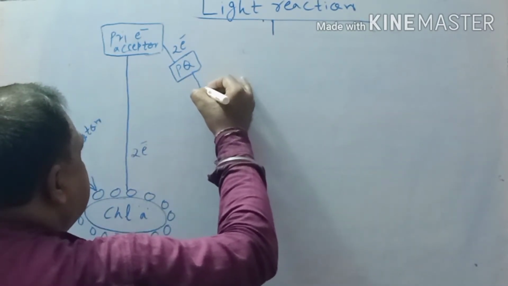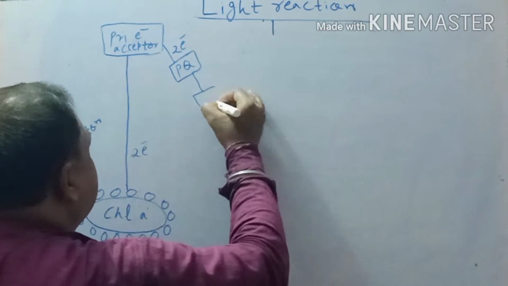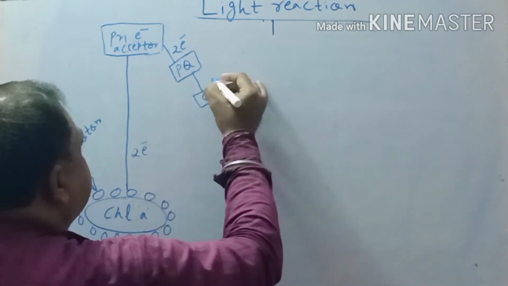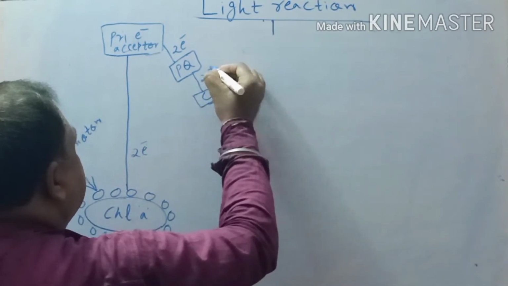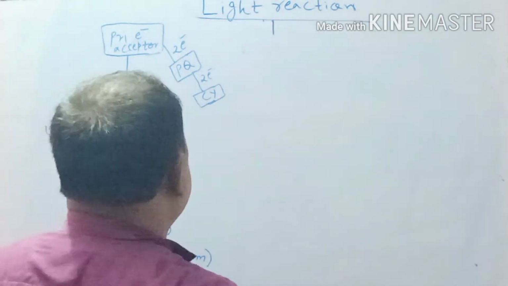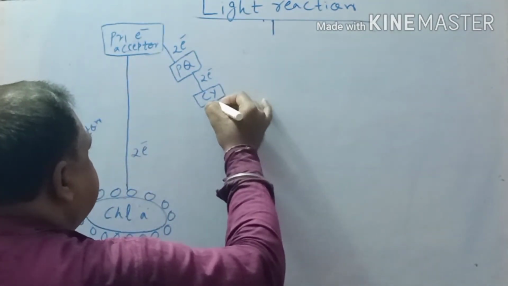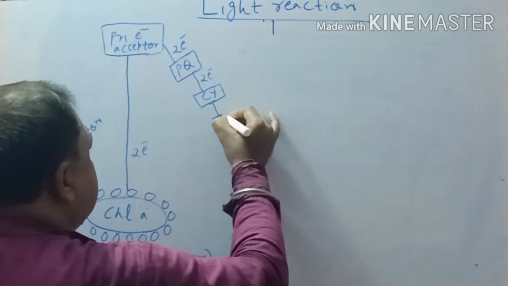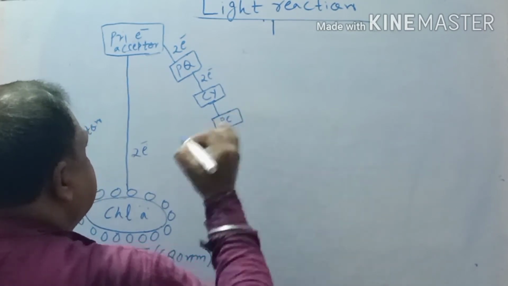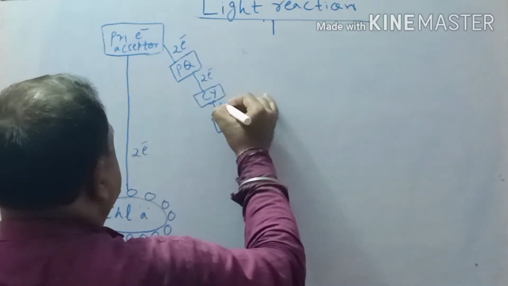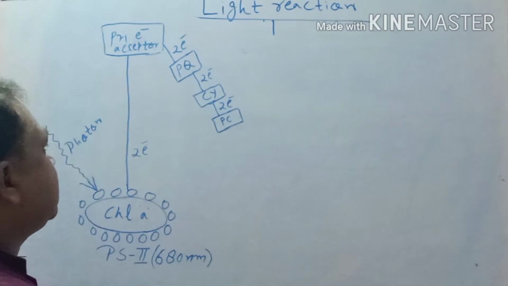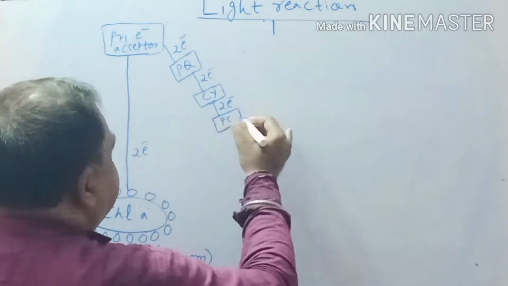After that, it further moves to cytochrome, that is Cyt, and then goes to PC, that is plastocyanin. The pair of electrons also moves towards the plastocyanin.